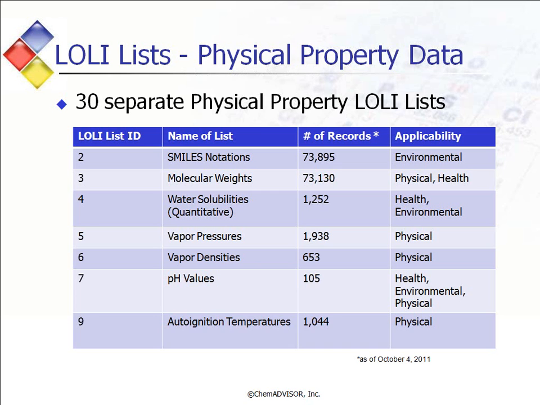And on the next 4 slides or so, we've identified the LOLI lists, and for individuals with direct access to LOLI, if it's helpful, we've identified the list ID, which is just the number of the list assigned to each one, the name of the list, and then as of October 2011, which was the close of our previous quarter, the number of records on that list, and an applicability column to show physical property data doesn't just support classification for physical hazard endpoints.